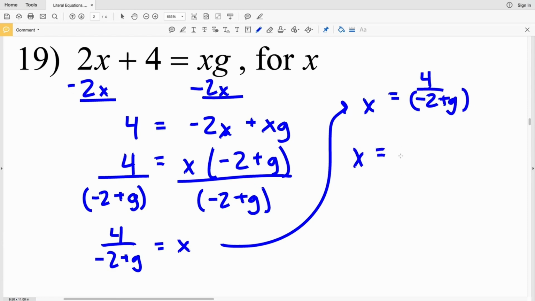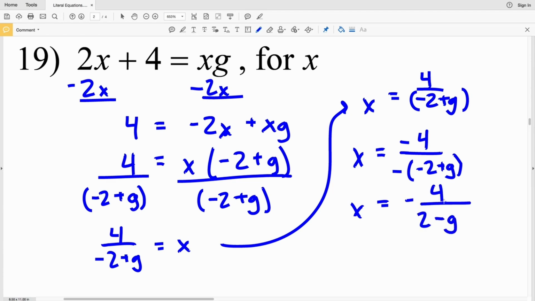And the way on the answer sheet it's written is they actually multiply by negative over negative. So they do negative 4 all over the opposite of negative 2 plus g, since this is the same as 4 over negative 2 plus g. So it'll be x equal to negative 4 all over 2 minus g.